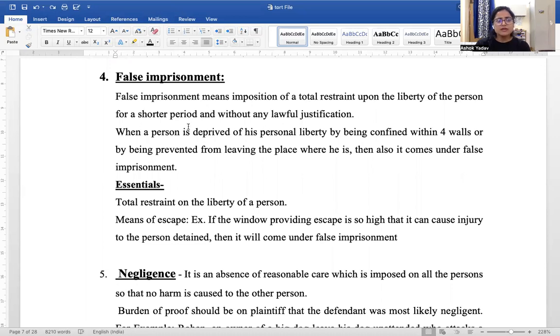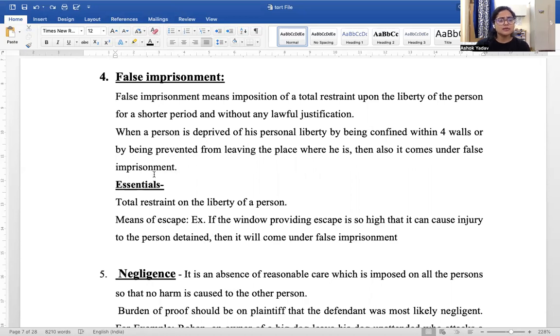That means when a person is deprived of his personal liberty by being confined within four walls or by being prevented from leaving the place where he is, then also it comes under false imprisonment, right?